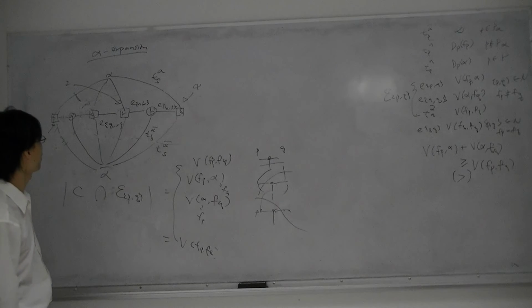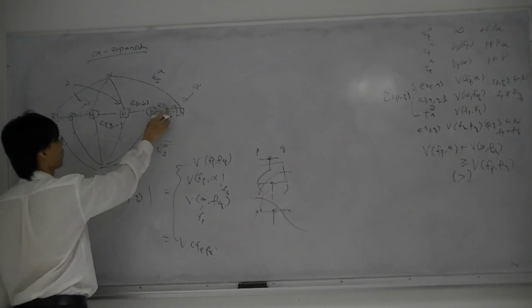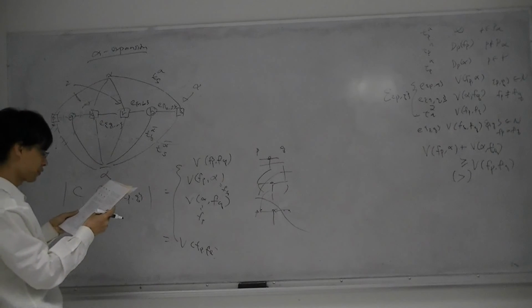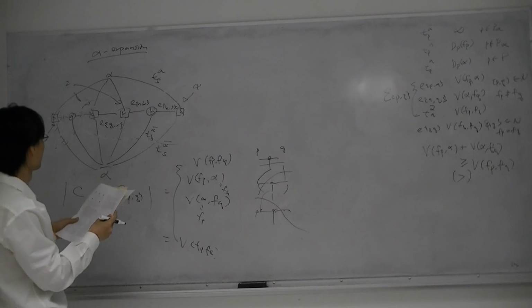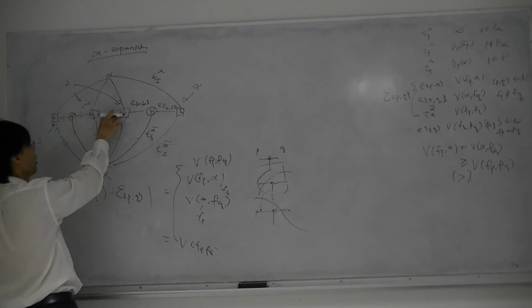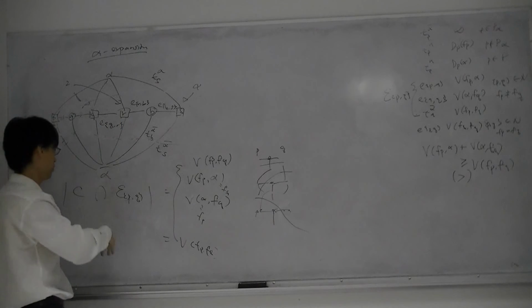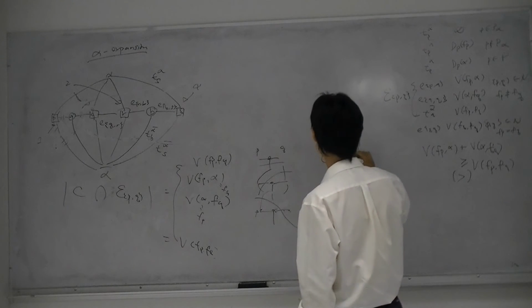And what else? So how about edges that do not have a, okay, maybe this edge here. For an edge that originally has the same label, again, like last time, let's consider this C intersect with this EQR here.